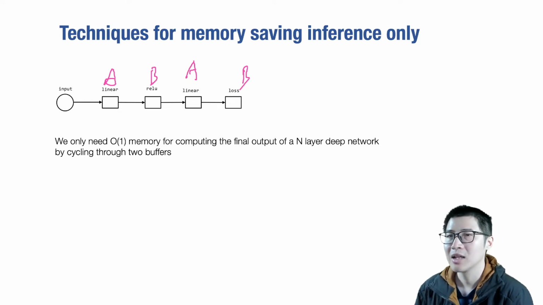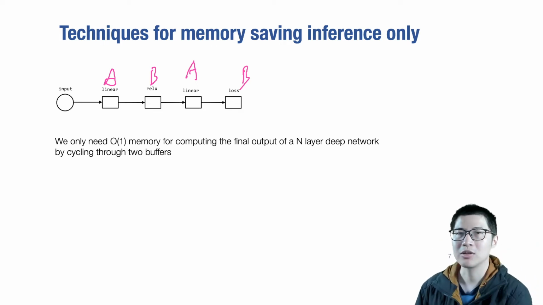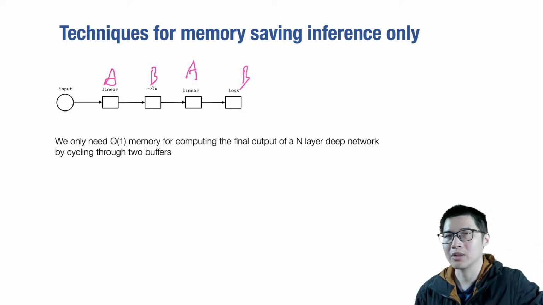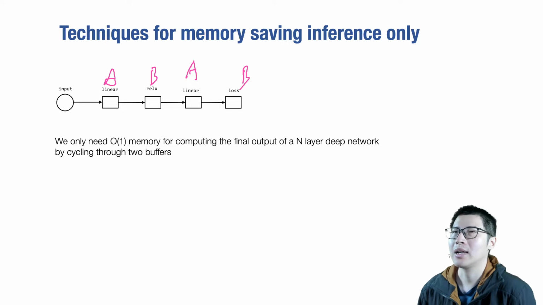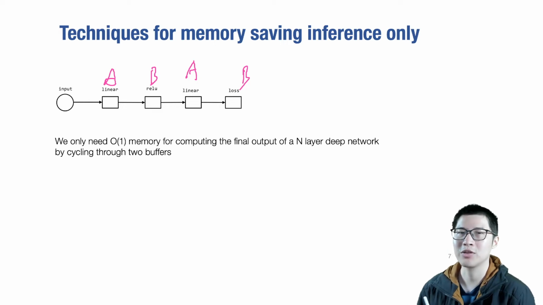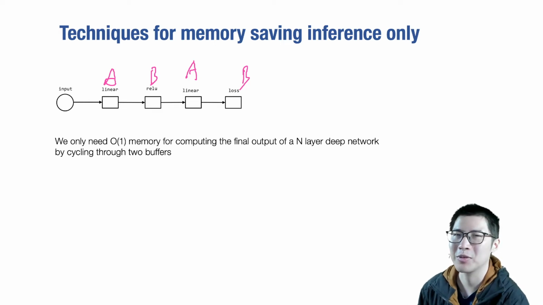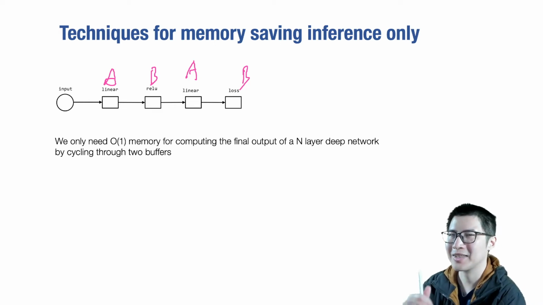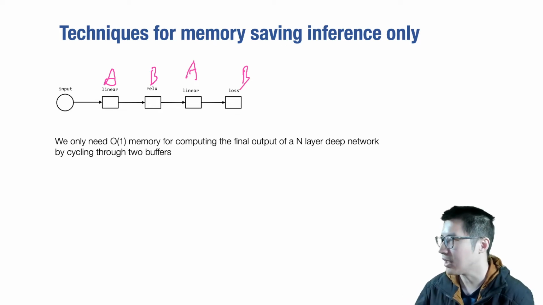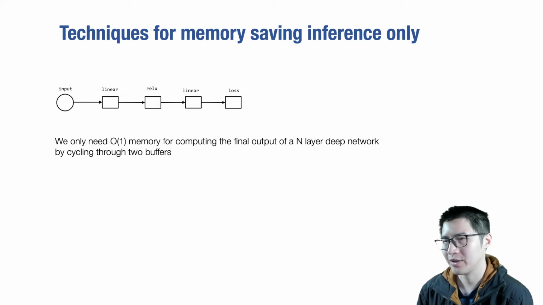In other cases, because the dependencies are really local, as the neural network grows deeper, we likely still only need a constant piece of memory for storing activations. Of course, we still need to spend memory to store the weights, so that is not negligible. Okay, so these are the common techniques for memory saving in terms of inference.